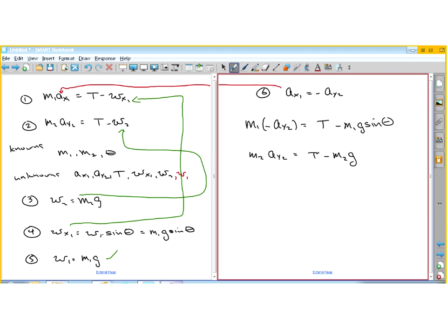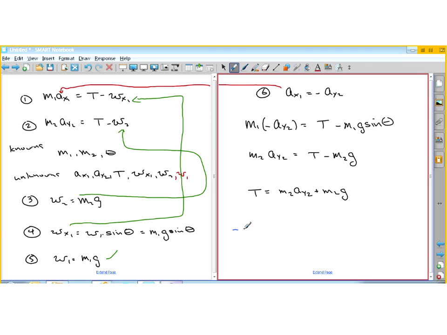So again, we're going to solve for the acceleration. So we have to solve for T from one of these. So this one's the closest one, so let me do that one. So T is equal to m2 a sub y2 plus m2 g. Okay. And then we could substitute that into here.